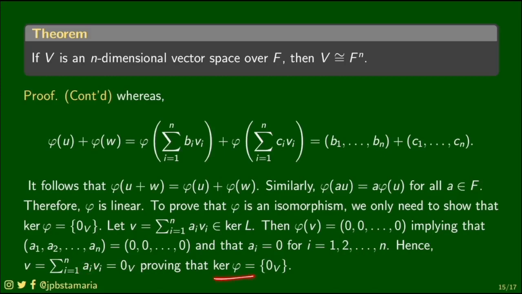Therefore, the kernel only has the zero vector. So the conclusion is that phi is one-to-one. These have the same dimensions, therefore phi is also onto, therefore phi is an isomorphism. Because there's an isomorphism from V to Fn, we can now conclude that V is isomorphic to Fn.